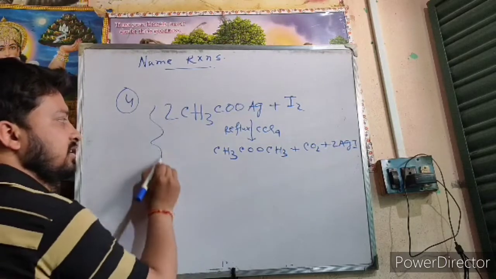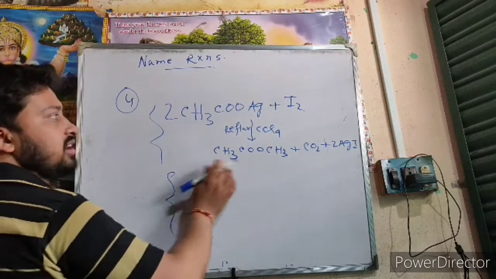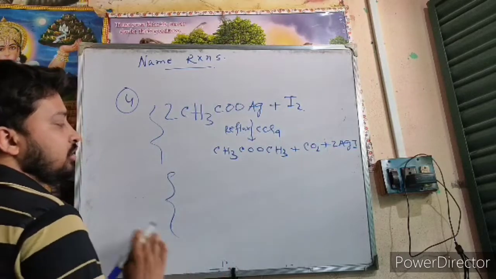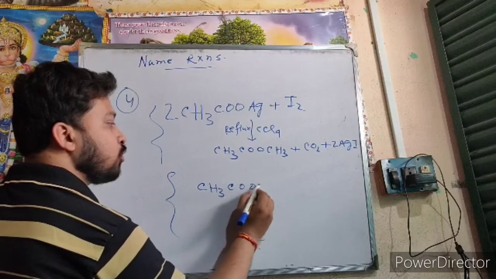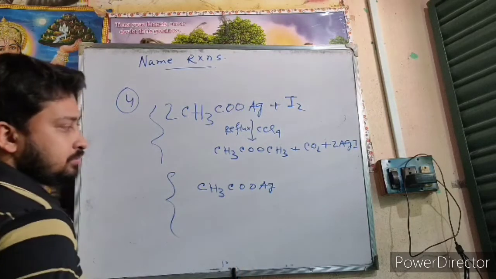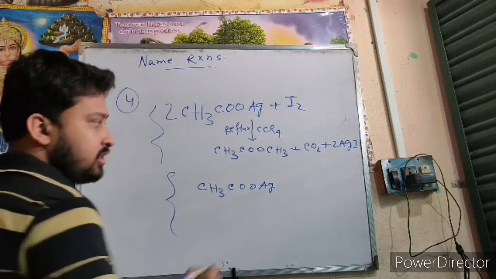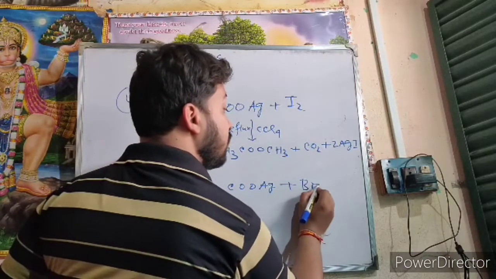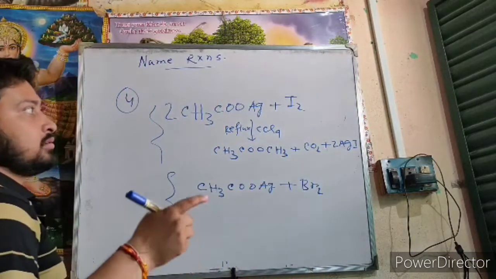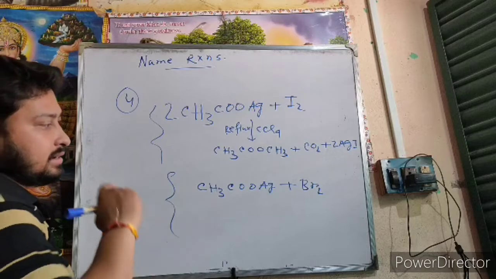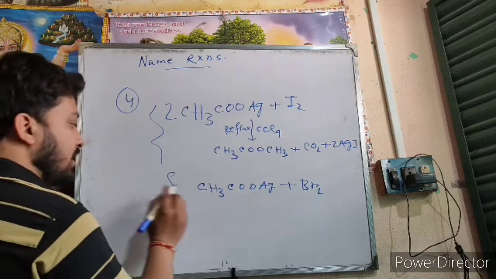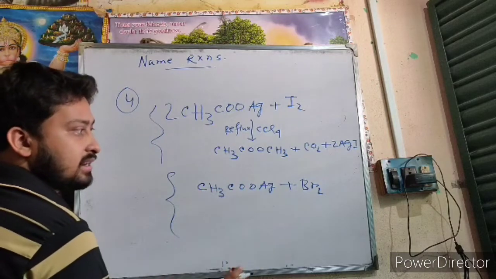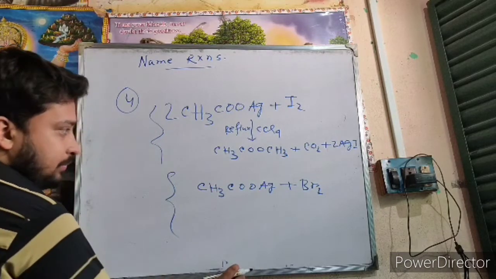So what is the difference between Hunsdiecker and Birnbaum-Simonini? The Hunsdiecker reaction is CH3COOAg reacting with Br2. I think the previous reaction that I gave was wrong, so I repeat the Hunsdiecker reaction again.